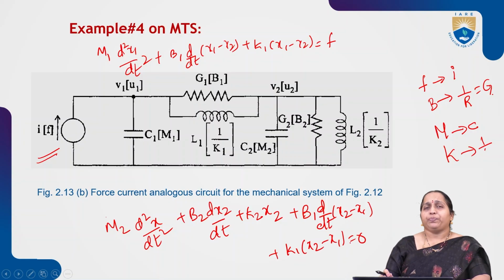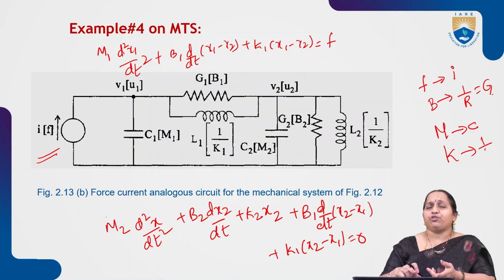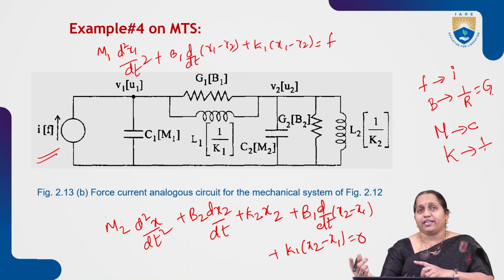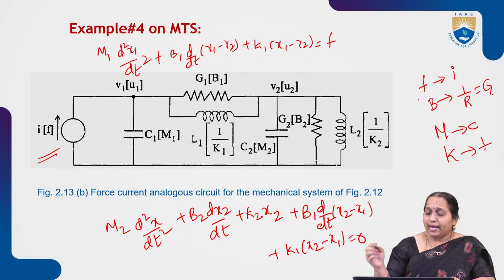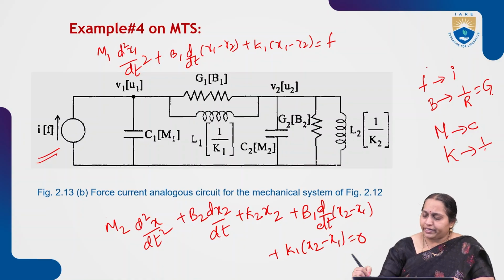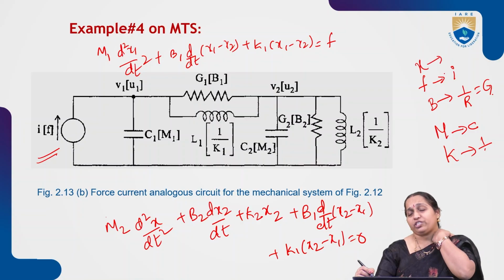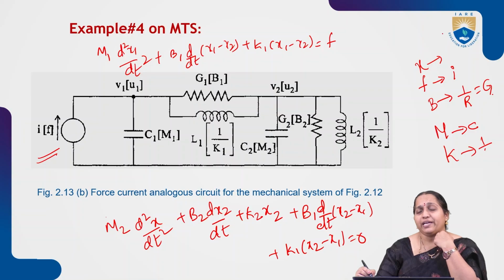Now we'll try to draw its equivalent in force current analogy. In force current analogy, as I told, force is replaced by current source and the mass element is replaced by capacitor. In the earlier case velocity was replaced by current.